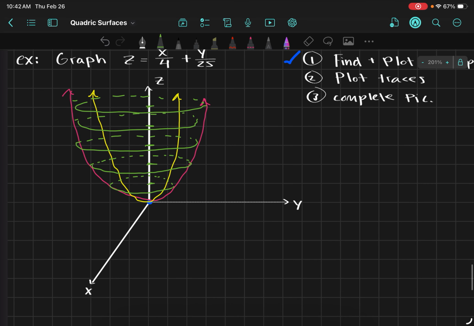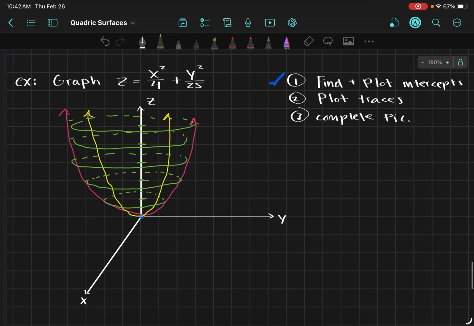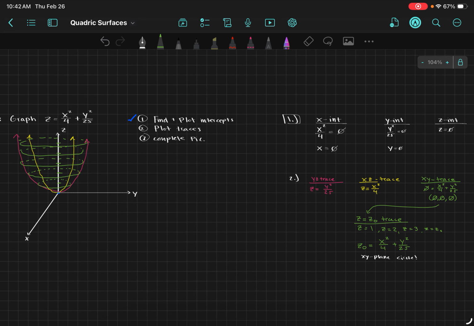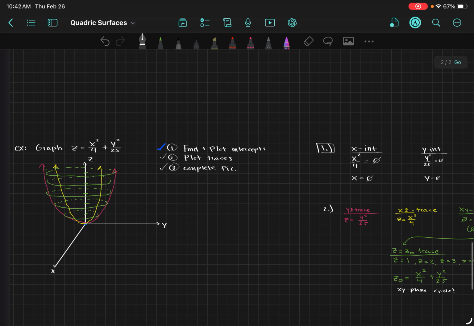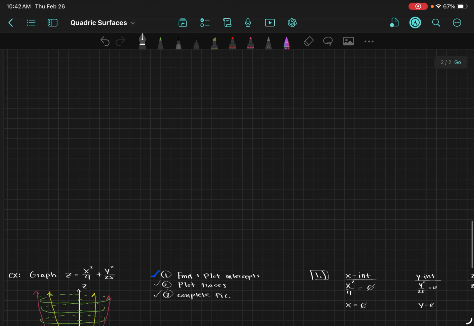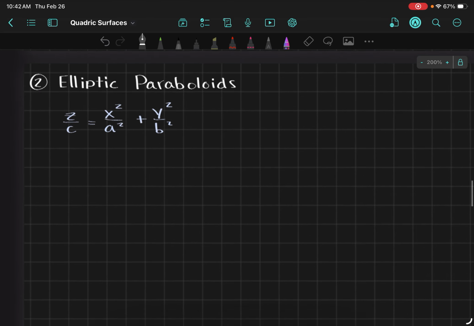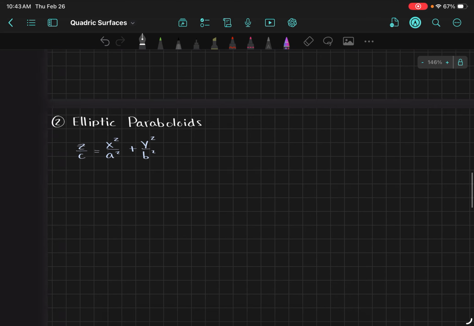So if you can visualize this, this essentially almost looks like a bowl, like a cup of some sort, wherein our z equals z naught trace is in the xy plane, our yz trace is in the yz plane, and our xz trace is in the xz plane, making this our shape. So we plotted our traces, we completed our picture, and this right here is essentially what an elliptic paraboloid looks like. Just recall that our elliptic paraboloid's general equation is z over c equals x squared over a squared plus y squared over b squared.